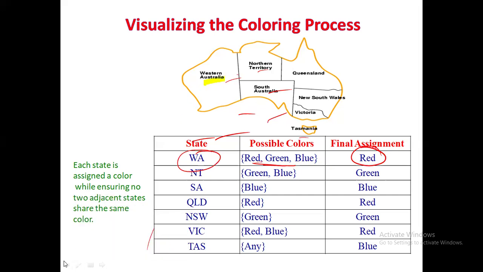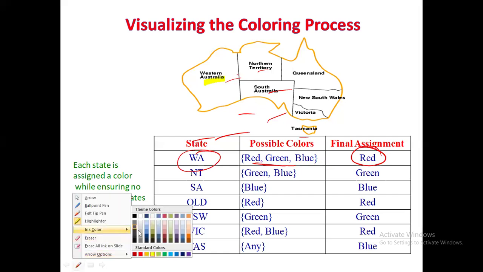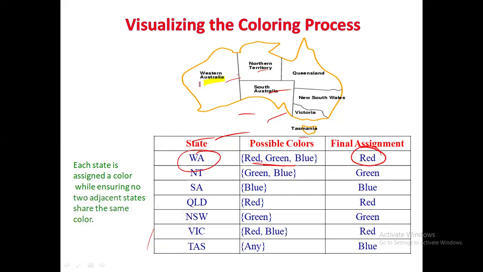I am highlighting the red color here. WA is marked as red, so we set the foundation for an efficient coloring process.